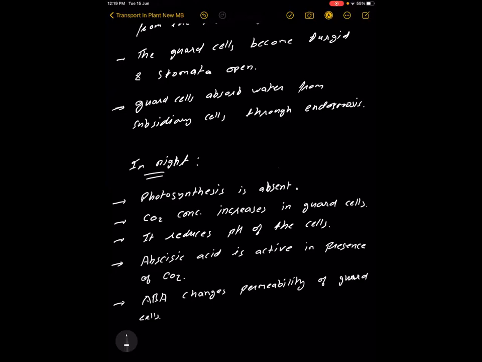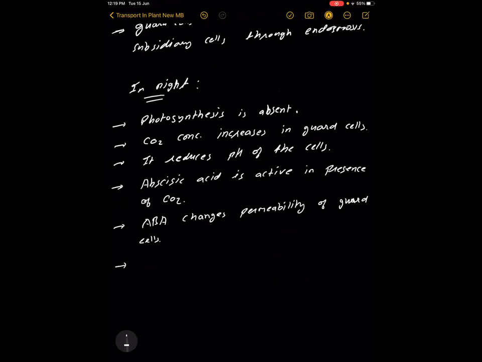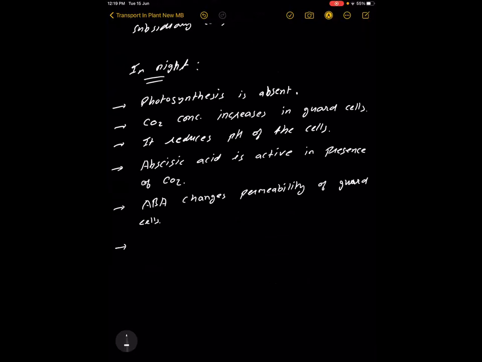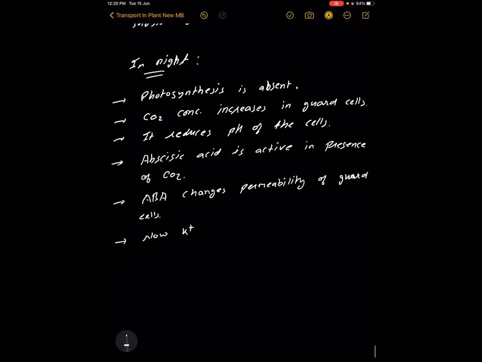And because of this, potassium ion entry is stopped, even they are pushed out from the cell. Let me finish this ABA point. Abscisic acid, its abbreviation is ABA.